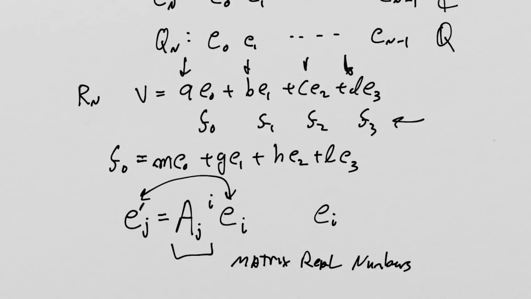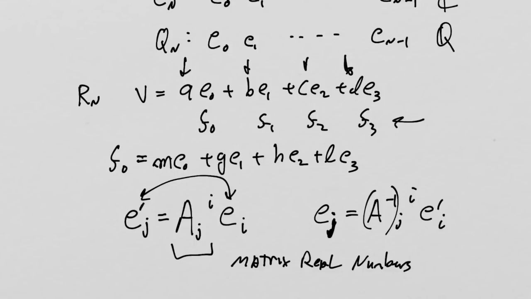In other words, e_i would be A inverse J I e prime I. Is that right? No, e_j, the old basis, is the inverse matrix element times the new basis.